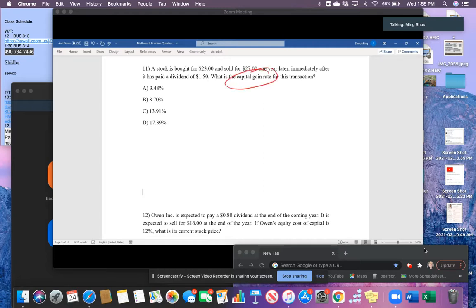So the capital gain rate simply equals the selling price minus the purchasing price, divided by the purchasing price. We already know that this stock is sold at $27, and this stock is purchased at $23.